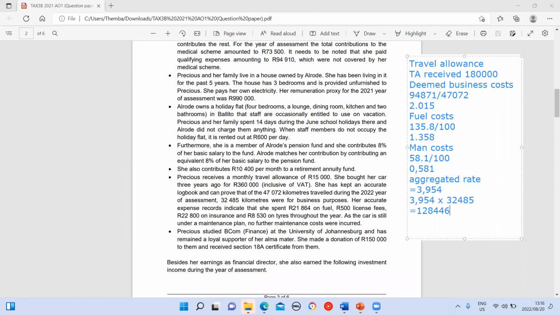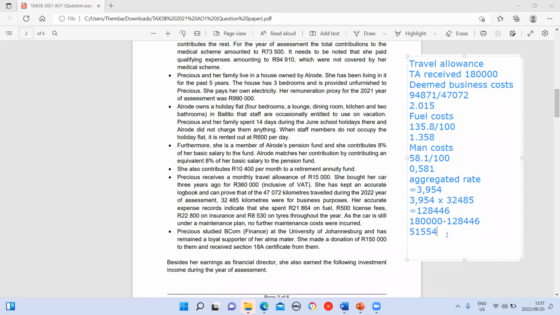So simply 180 minus 128,446, and that will give you an amount of 51,554. That is the amount that will be included in your taxable income.